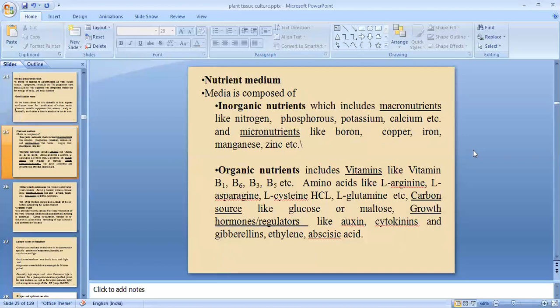And next one is your nutrient medium, that is the media where the explant has to grow, which should have all kinds of requirements for its normal growth and functions. The nutrient medium is composed of the inorganic nutrients, which includes the macronutrients like nitrogen, phosphorus, potassium and calcium, and micronutrients like boron, copper, iron, manganese, zinc.